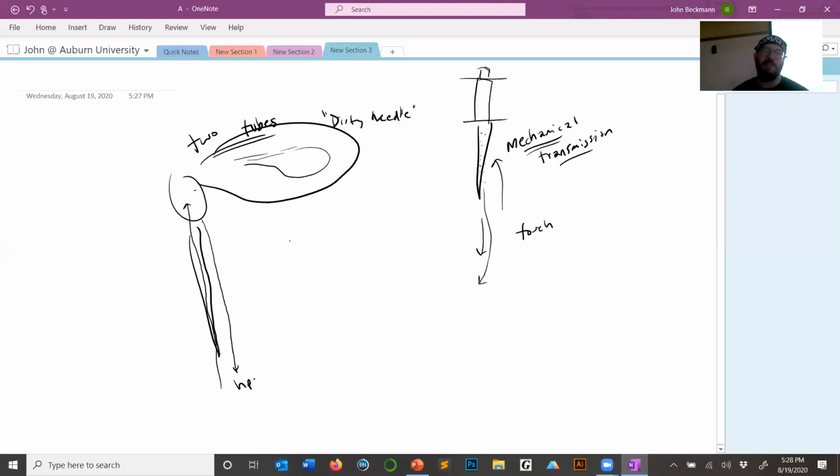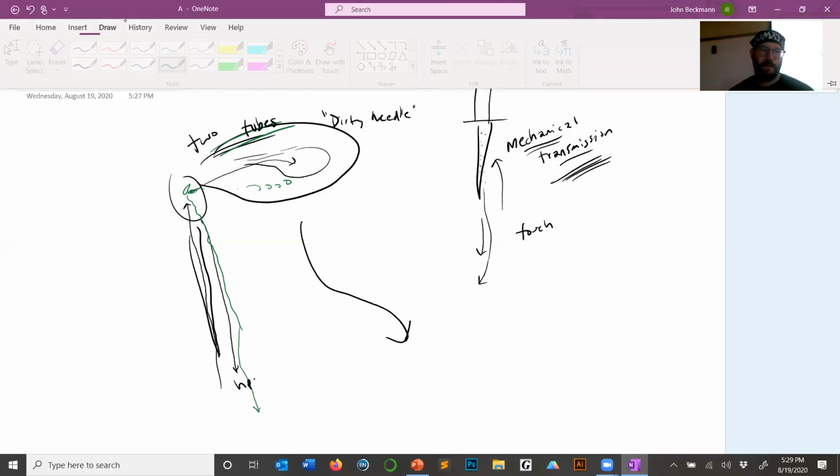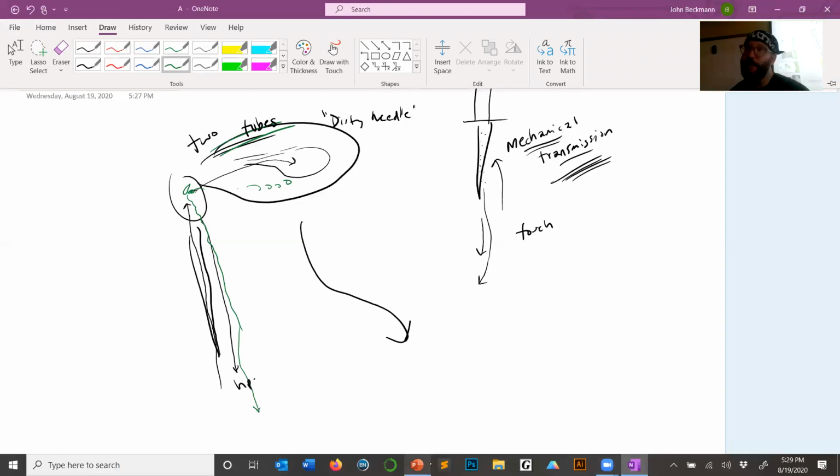If the mosquito immediately bites somebody else, there's no mechanical transmission, because the flow of that pathogen is one way, straight into the gut. That mosquito will not spread the disease. But if the disease makes its way out of the gut and into the salivary glands, then when the mosquito bites, it spits the pathogen out the hypopharynx. So there are two tubes, and that relates to transmission of the disease. Does that make sense?